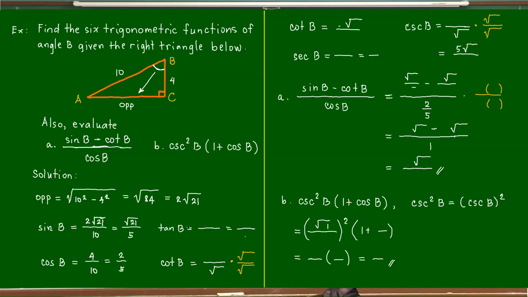What about tangent B? Tangent B is opposite, so that is 2 square root of 21. Is that right? Wait.